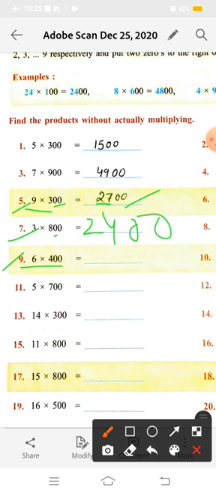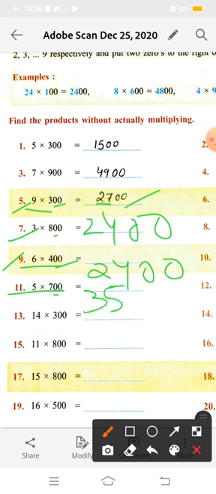It means we should multiply 6 into 4. So 6 fours are 24, and again we have 2 zeros. Then put 2 zeros to the right of 24. Okay, now here is 5 into 700, means 5 multiplied by 700. Okay, so we should multiply firstly 5 into 7. So 5 sevens are 35. Again put 2 zeros to the right of 35.